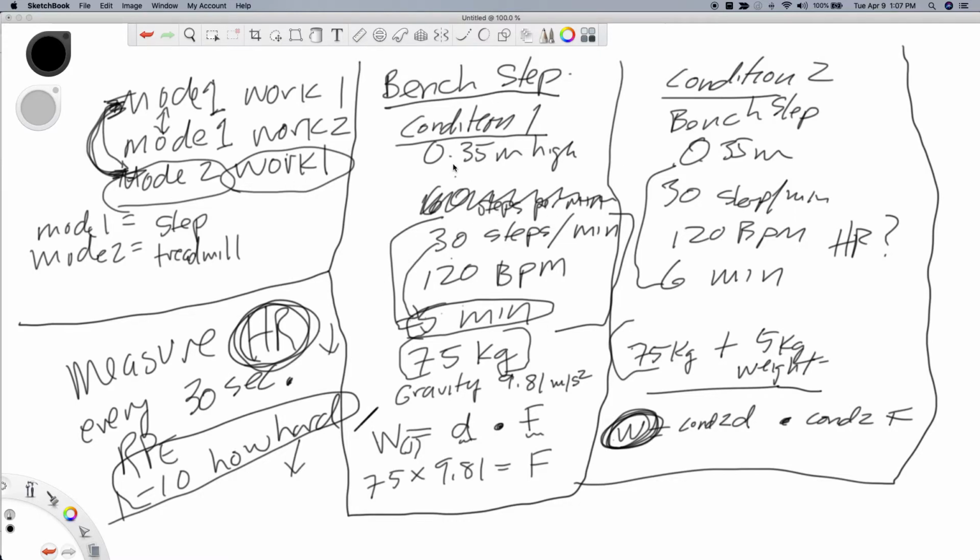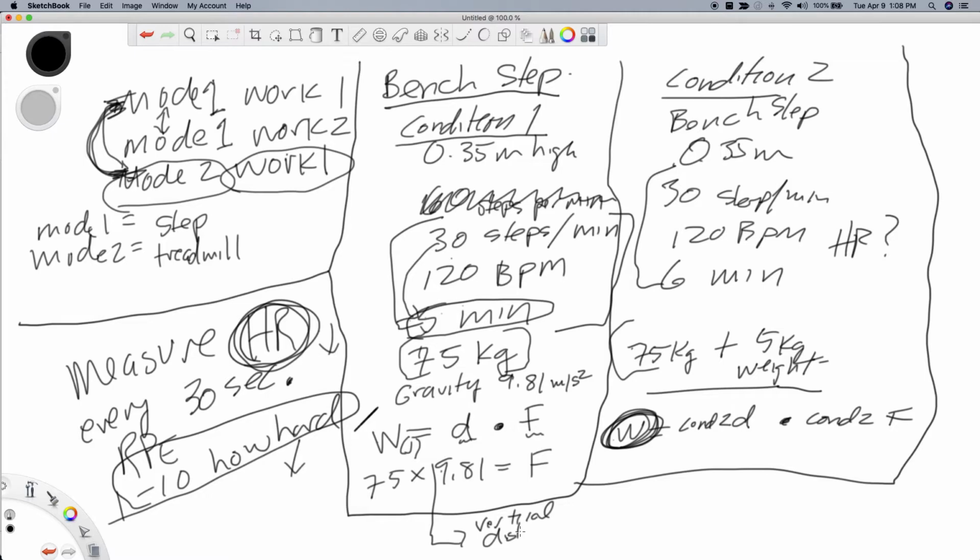So if you take 150 steps times 0.35, that means the vertical distance is 52.5 meters.